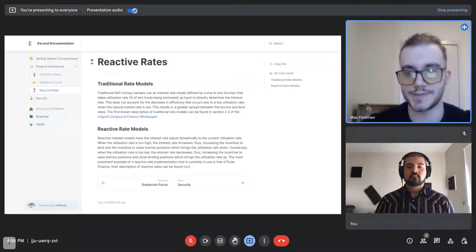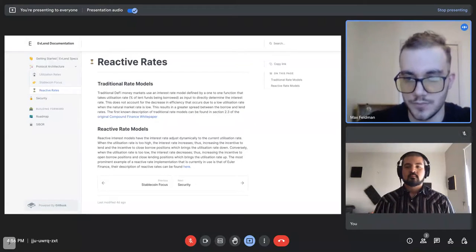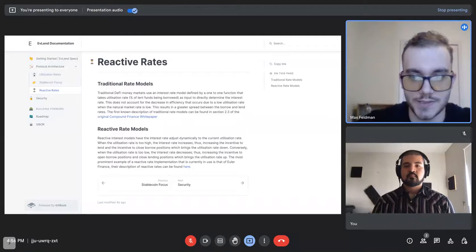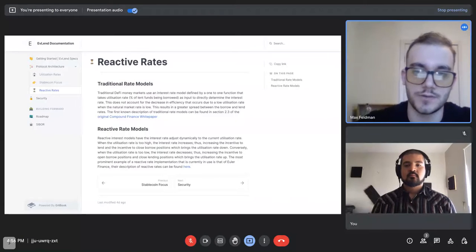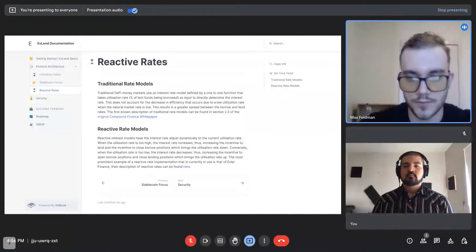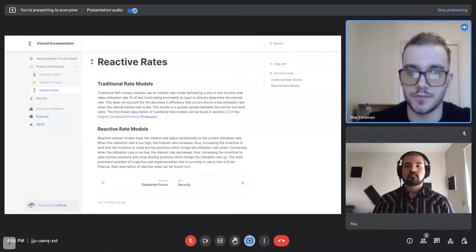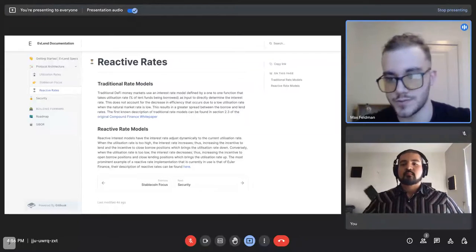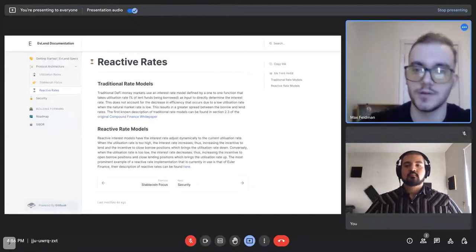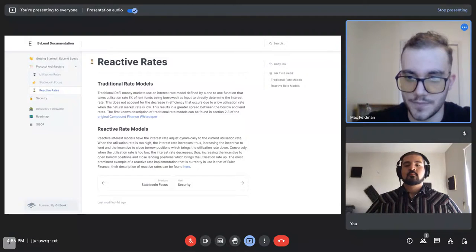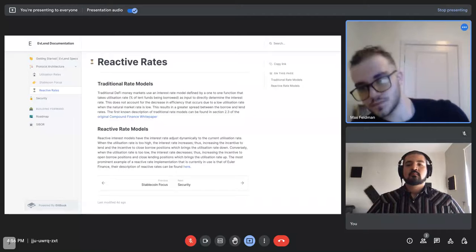And the way this works is that there is a function which takes the utilization rate as an input and maps one-to-one to an output of the borrow interest rate. So for a given utilization rate, there is going to be a given borrow rate and lend rate.